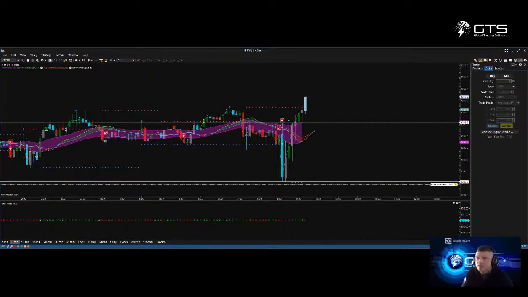Let's see here. I'm going to look real quick. Yeah, I got nothing on RTY here, and nothing on the Q. And Q is actually turning around going the other way.